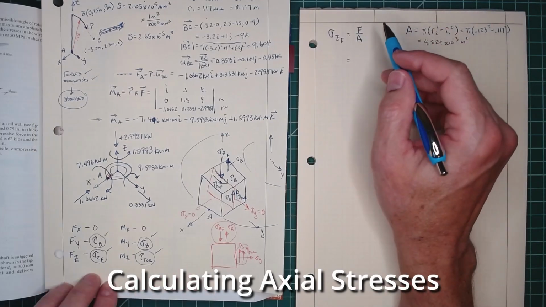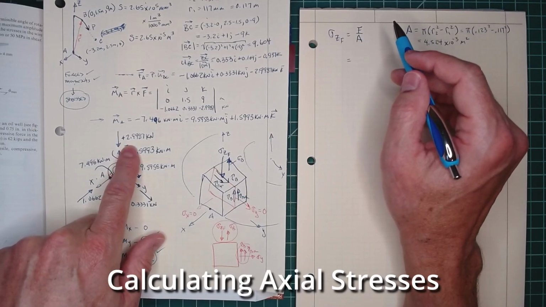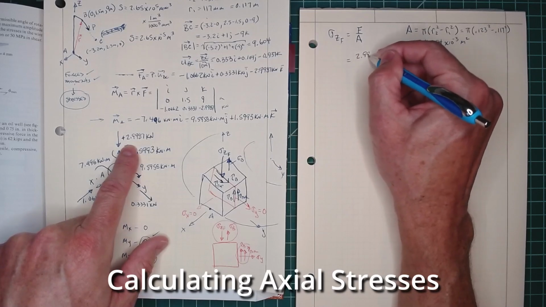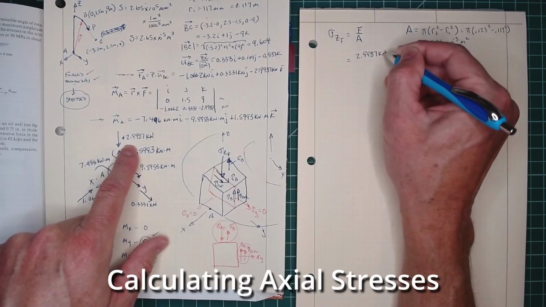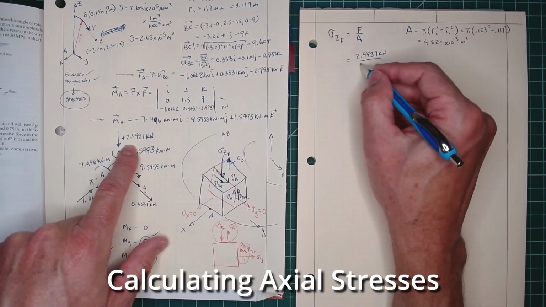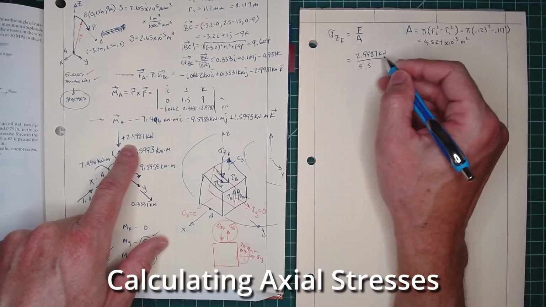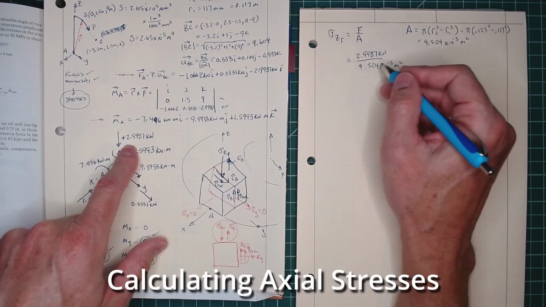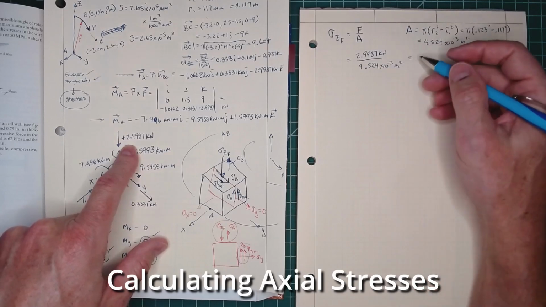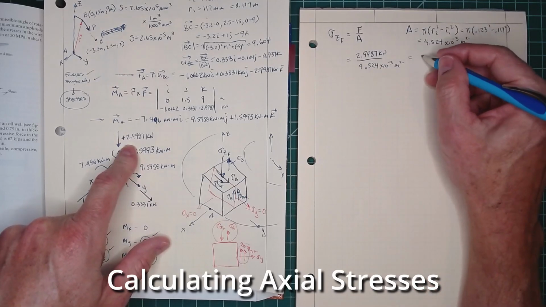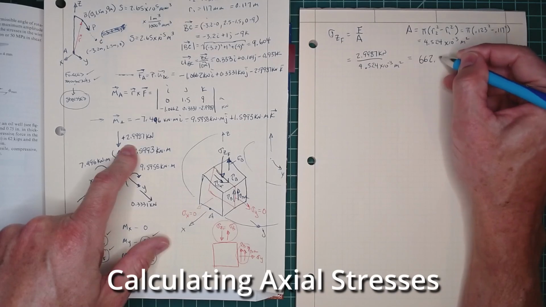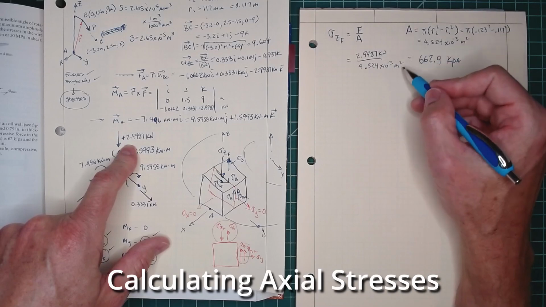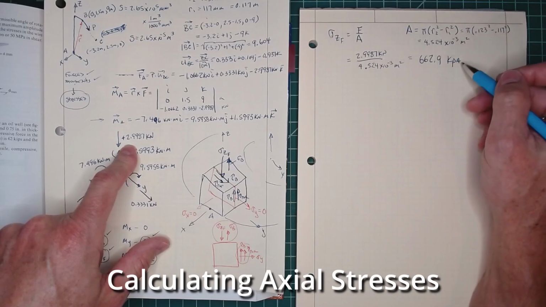Our force is from our z direction, so this is going to be 2.9987 kilonewtons divided by our area of 4.524 times 10 to the minus 3 meters squared. Plug that all in, and we end up with 662.9 kilopascals. Now remember, we have kilonewtons and meters, so we're going to have kilopascals in there.